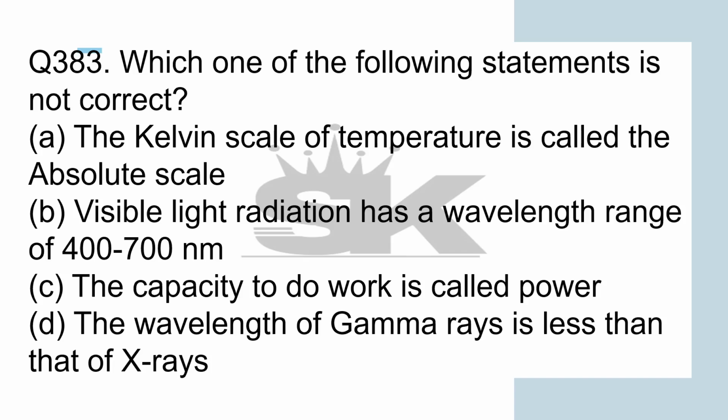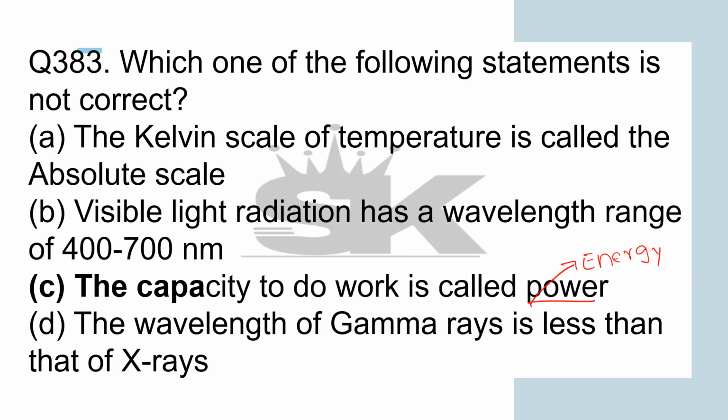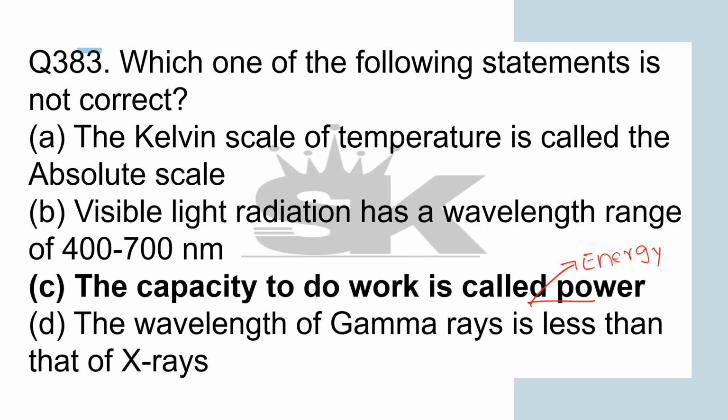Everyone knows that energy is defined as the capacity to do work, right? Here it is mentioned as power instead of energy. So the wrong option is that the capacity to do work is power.